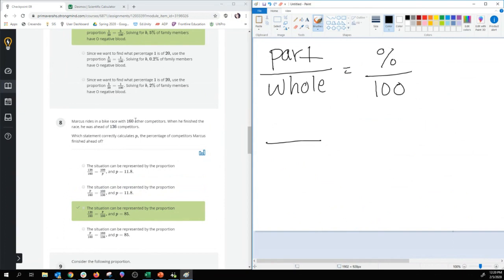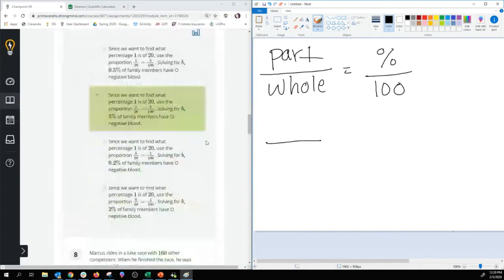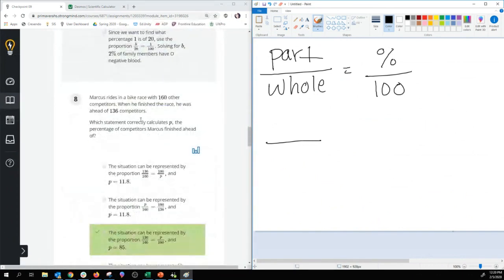So what would be the part and what's the whole? Remember, the part is a smaller piece, and another way you can think of the whole is as your total.